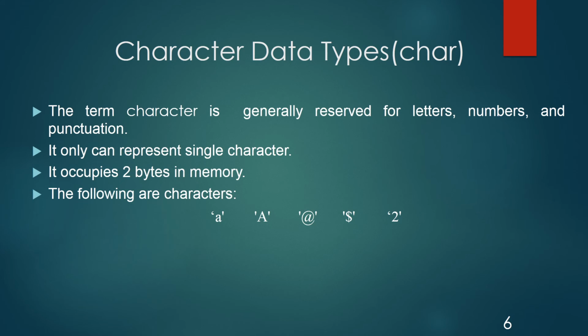And character data type requires 2 bytes in memory. The following are valid character types: small a, capital A, @, dollar sign, 2. When they are enclosed in single quotes, they will be treated as characters.